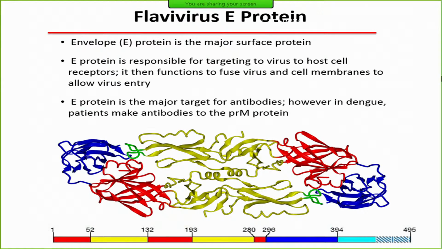So the major surface protein on the outside of the virus is the envelope protein. This protein has 2 major functions. The first function is to bind to a target receptor. This is how the virus homes to specific cells within the body. Once it gets onto the receptor and gets internalized under low pH conditions, the E protein rearranges itself and carries out fusion of the viral membrane and the cellular membrane, and this releases the genome RNA into the cell.